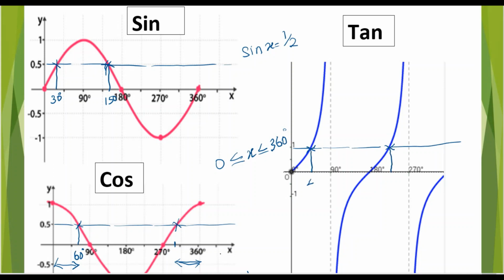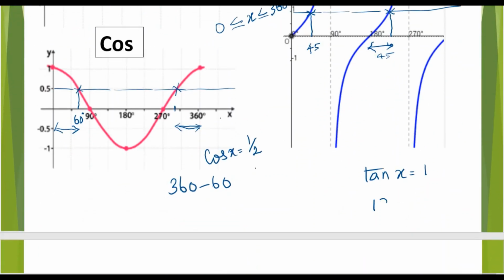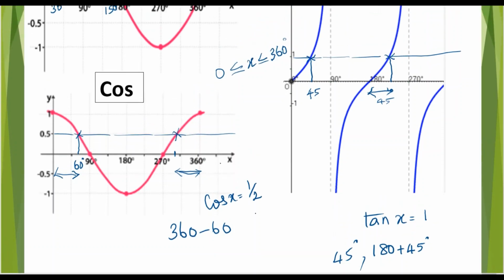So this is 45, and from 180 to this is 45, so 180 plus 45. 45 and 180 plus 45. These are the two solutions, provided x lies between 0 to 360. In that range, these two are the solutions.